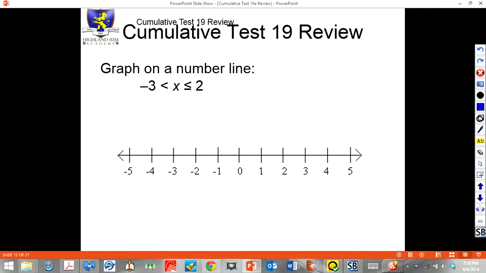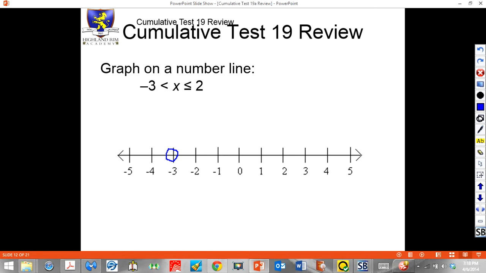We're moving into the second segment of the Test 19 review, and here is the problem. Graph on a number line, -3 is less than x is less than or equal to 2. So what we have is -3 is non-inclusive in this, so we have an open circle around it.